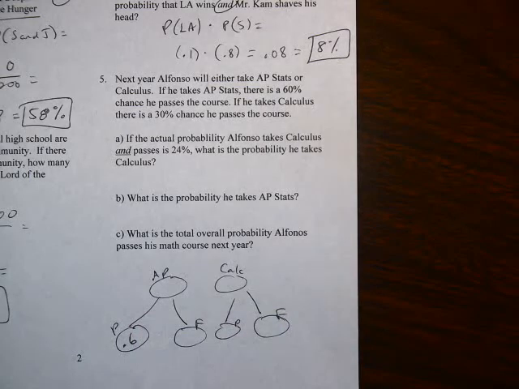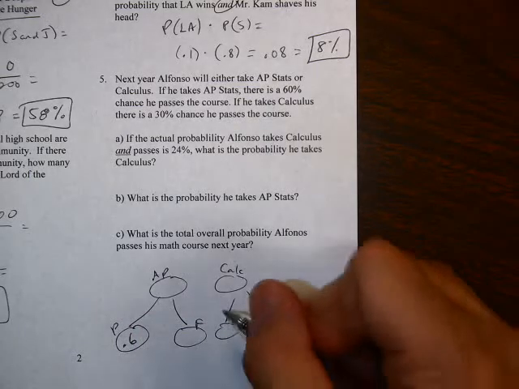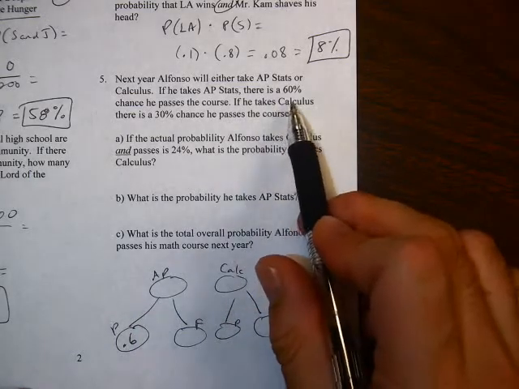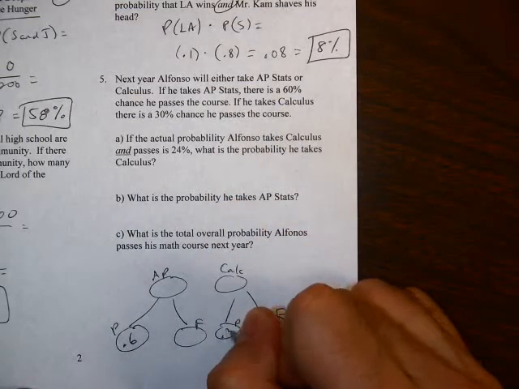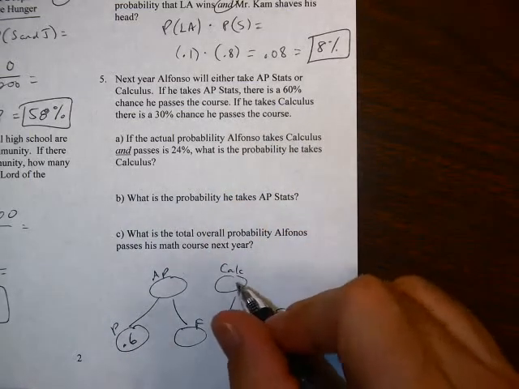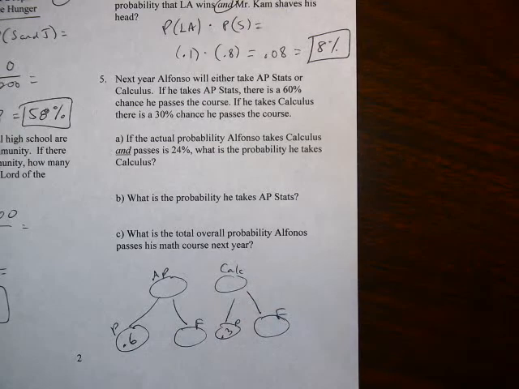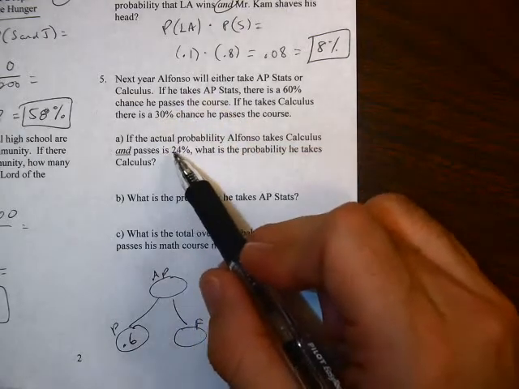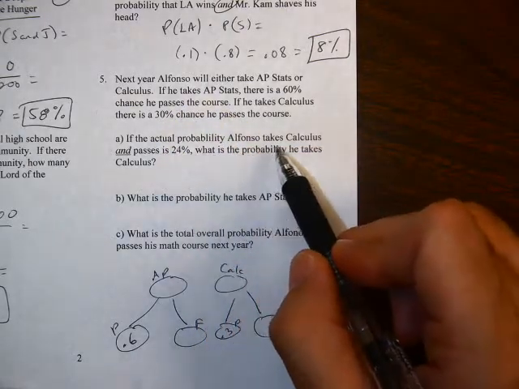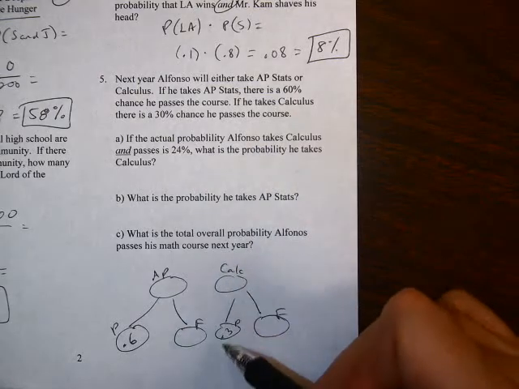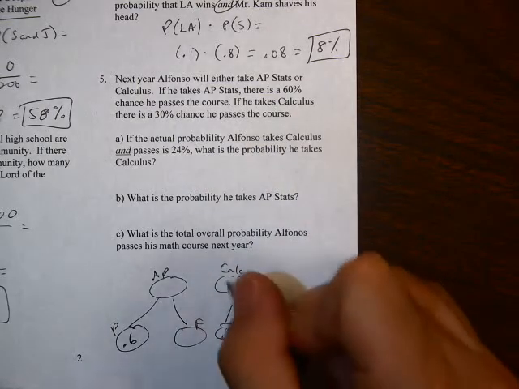So our 0.6 would go in there. For the other course, Calculus, there's a 30% chance he passes. That's again after he's chosen to take the course. So that one's 0.3.